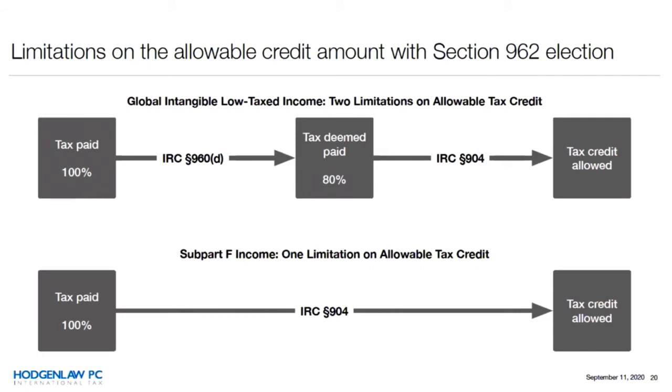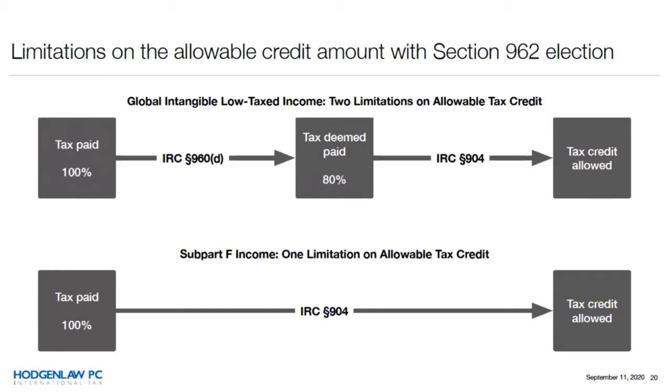Then you take that Section 960(d) limited amount, and you go over to Section 904 and you do the regular stuff where you compare the amount deemed paid to the foreign country against the actual tax liability in the United States, and you end up with the tax credit allowed in the US.